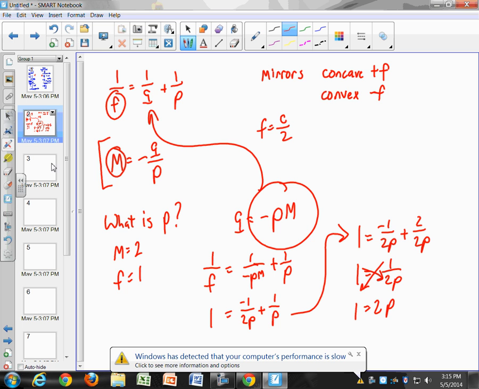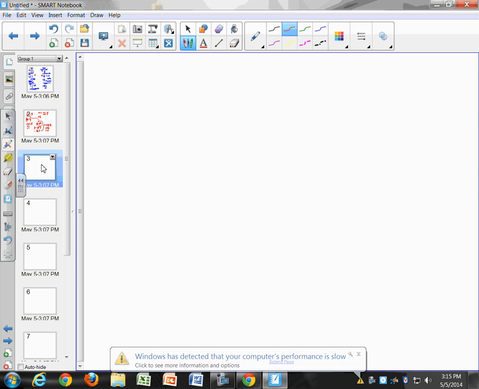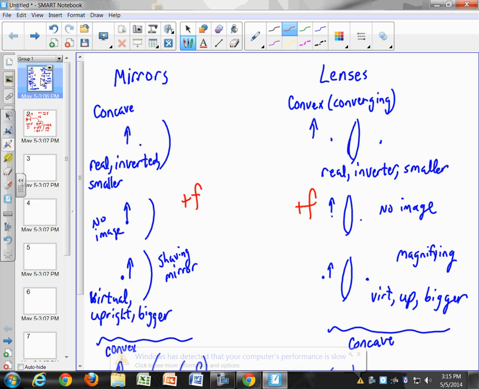You also need to be careful when you're looking at problems that you remember those types of images that are formed. Say, for example, I gave you one of these and said that your image formed by this mirror is upright and bigger, then you would know what type of mirror you're using from that information.